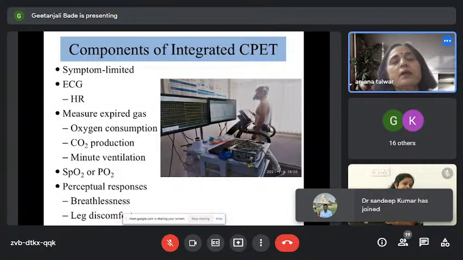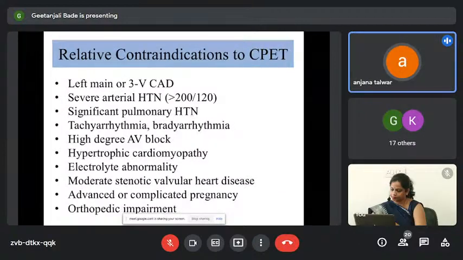For all these relative contraindications, the clinician has to judge whether the requirement of CPET would be more beneficial as compared to the harm which may occur. It should improve or change the course of management of the patient. Otherwise, it is advisable not to do the CPET just to show that we can do it in these patients.